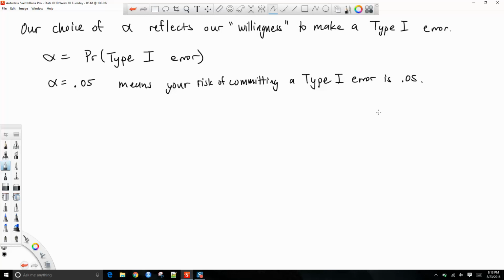And so you might say, well, I don't want to commit a type 1 error. Why not just use alpha 1% or alpha 0, why not just use a tiny alpha to avoid committing a type 1 error?